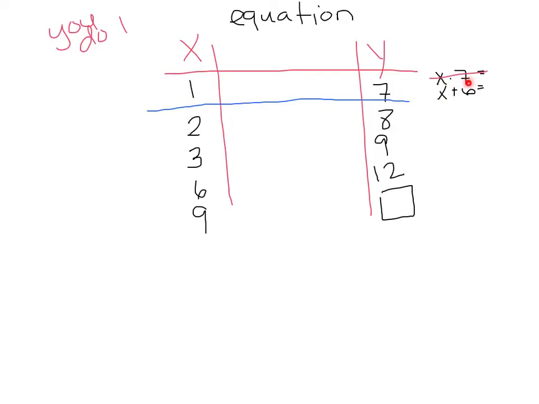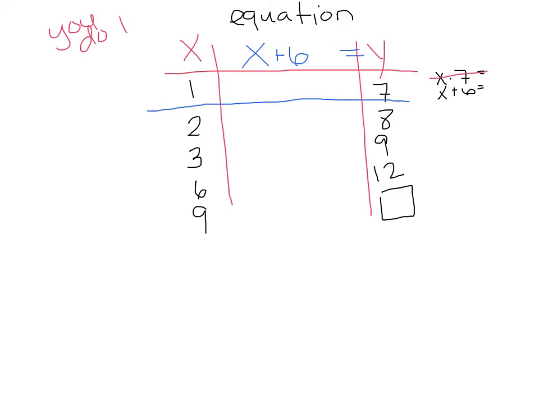That does work. Try it on the next one. If x is 3, 3 plus 6 is 9, which is what we needed. 6 plus 6 is 12. So the equation, the key to it all, must be x plus 6 equals y. So that's the equation that we have.